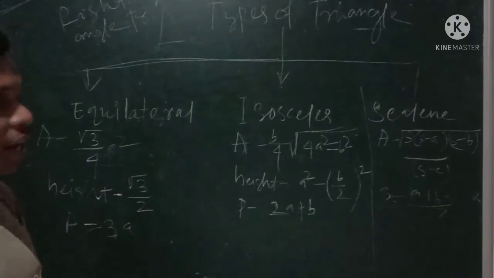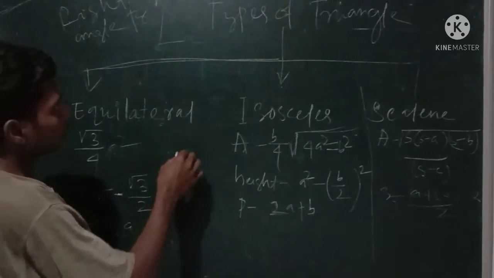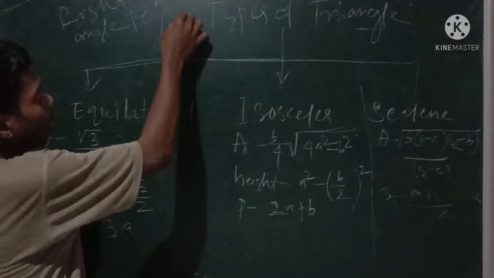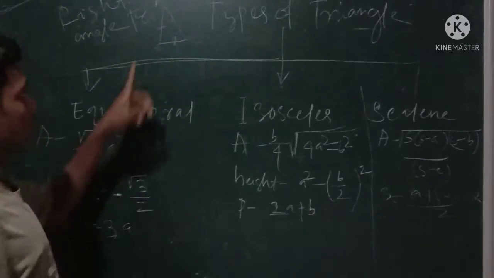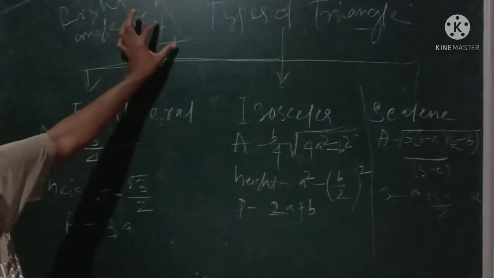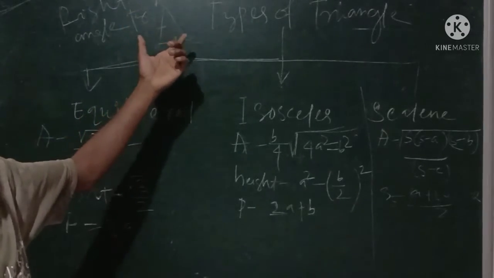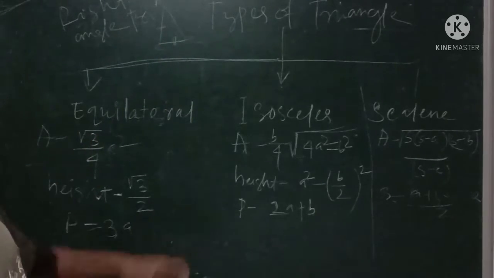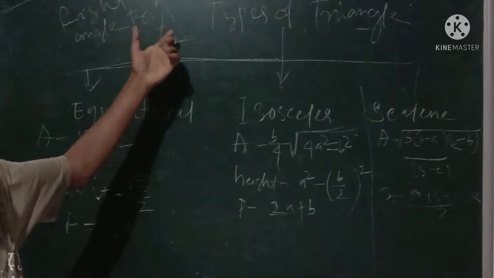Another triangle: if this is a right angle triangle and these two sides are equal, what is the name of this triangle?